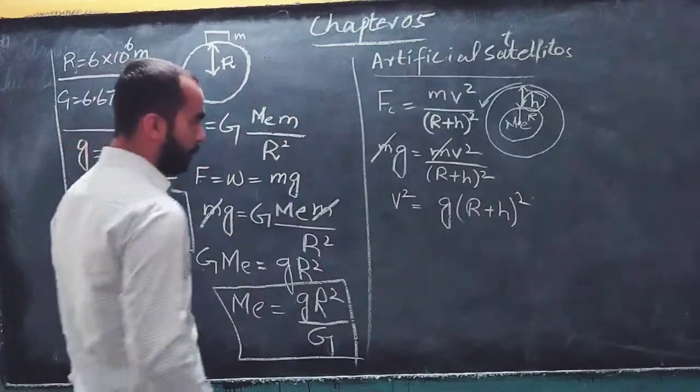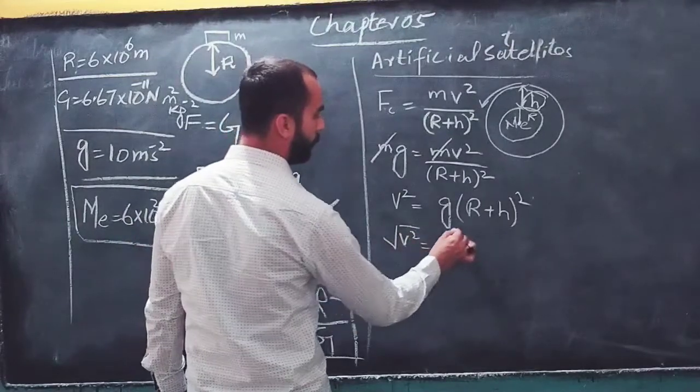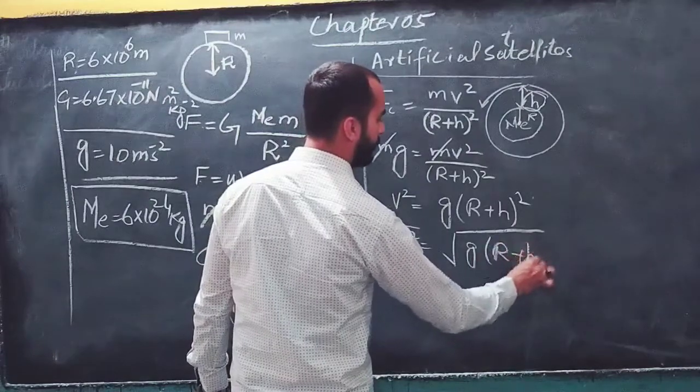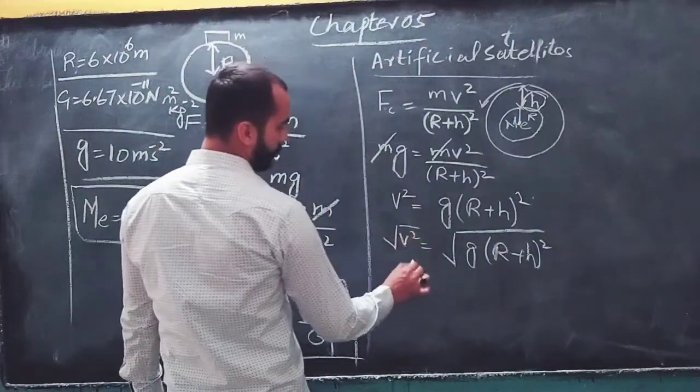We will take a square root on both sides, then v is equal to under root g into r plus h whole square. This square root will be cancelled with the square of the v.